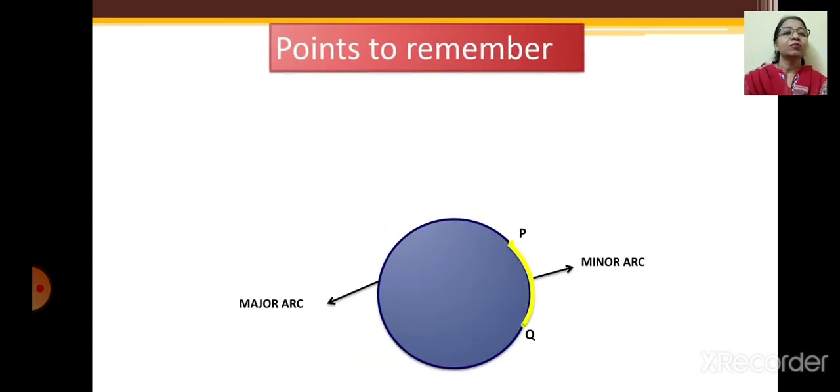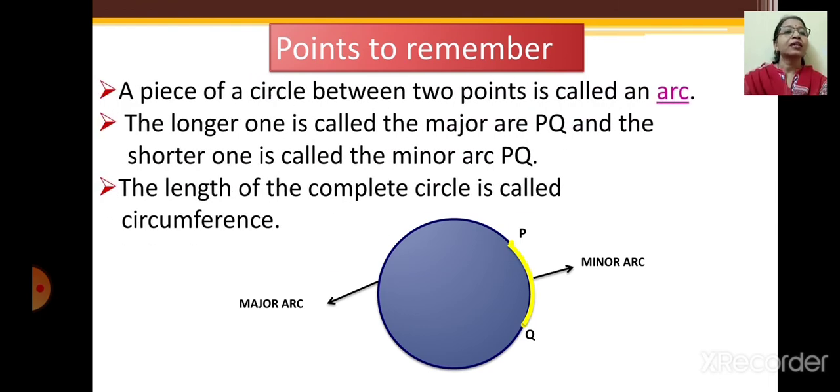Now come to the arc. So what is arc? The part or piece of a circle between 2 points is called an arc. So what are the 2 points here? P and Q are 2 points marked on the boundary of the circle, right? So it is the part of the circumference of the circle.